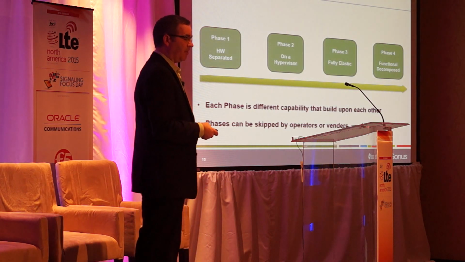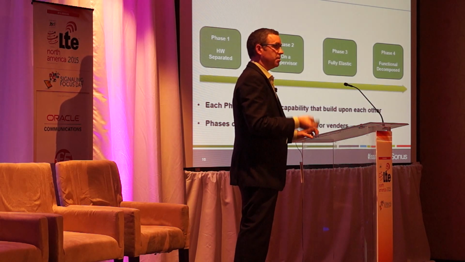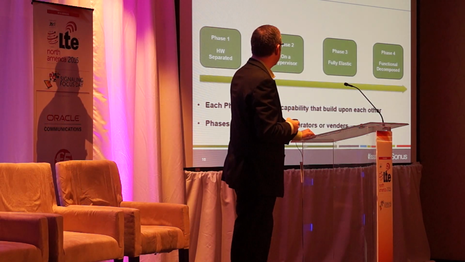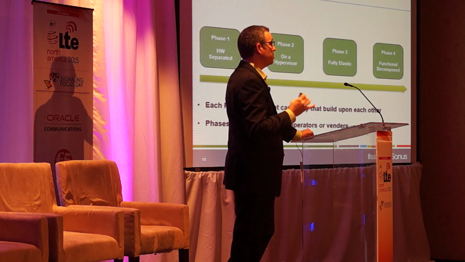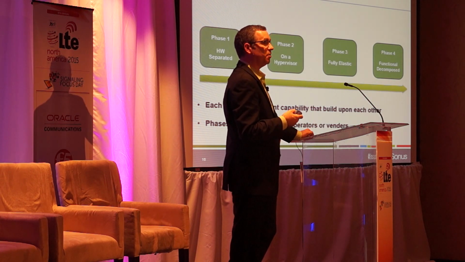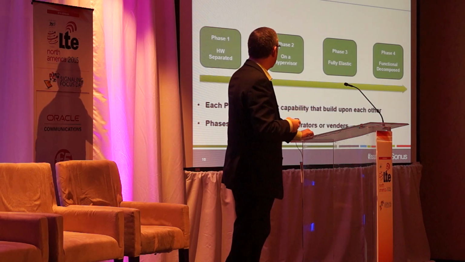All right, so a little bit of a provocative question. Which NFV do you desire? And this basically was a polling question that we sent out with our RCR Wireless during the webinar. So hardware separated, where essentially you can use COTS servers, a basic type of NFV, call it phase 1 if you want to call it that. Not quite really NFV, but it's a step towards NFV.